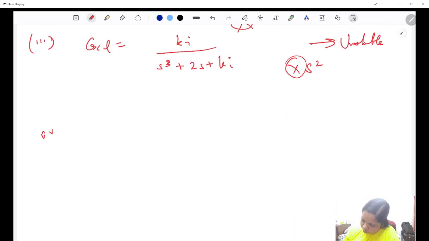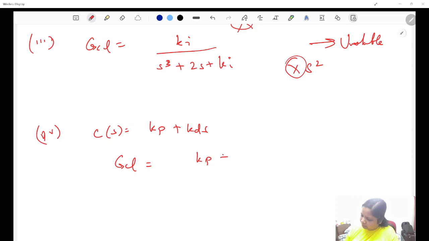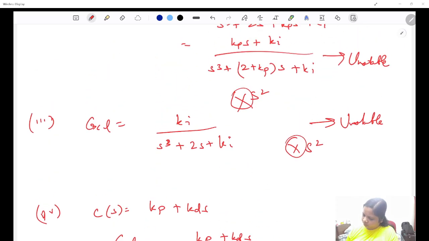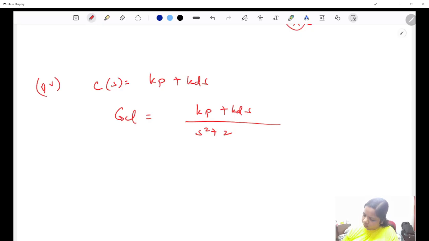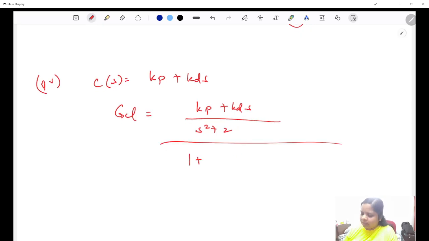Let's go for the fourth option, which is the proportional derivative controller, PD. So in the fourth option, your C(s) is Kp plus KdS. So your G_CL is Kp plus Kds upon S square plus 2, upon 1 plus Kp plus Kds upon S square plus 2.